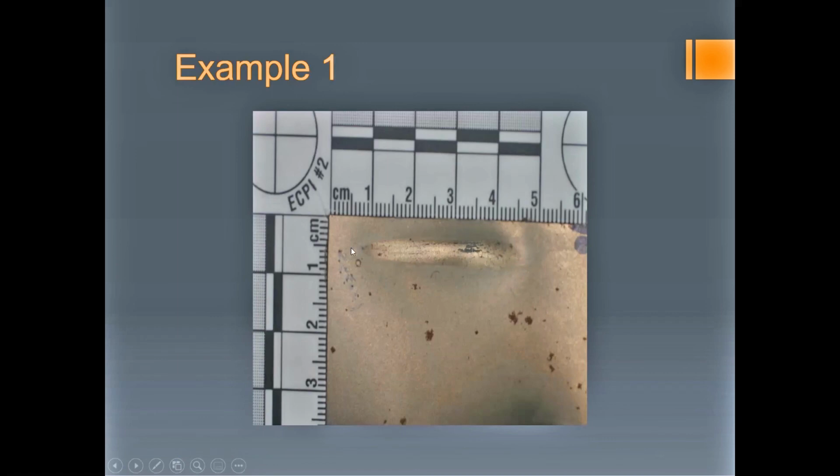We have sheet metal, and a deep portion of our ricochet crease profile to the right. So what does the bullet do? The profile gets deeper as the bullet travels along the substrate. So here it's shallow, here it's deep. So in this substrate, we can say the bullet's traveling left to right.